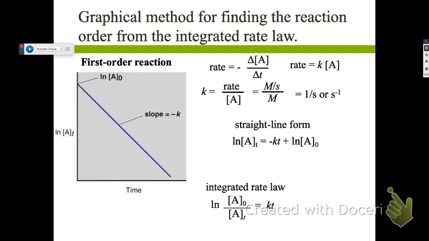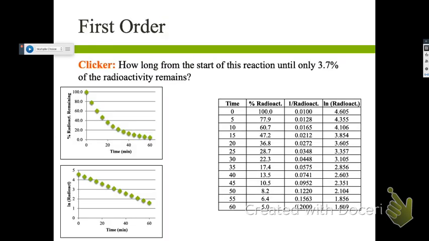All right. So let's do a little bit of math with this. All right, this is one of our questions.